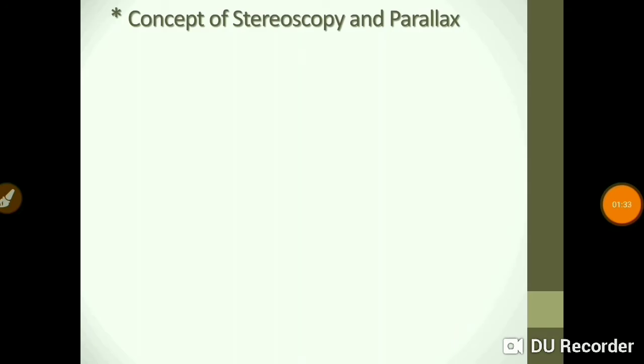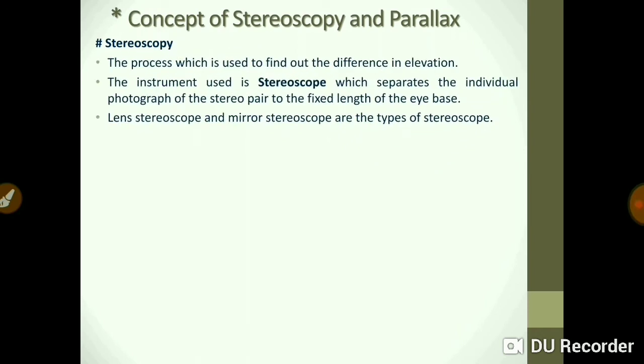Okay, so let us see stereoscopy. The process which is used to find out the difference in elevation is stereoscopy, and the instrument used for this process is the stereoscope, which separates the individual photographs of the stereo pair by the fixed length of the eye base. Okay, so we are going to see a diagram of different types of stereoscope.